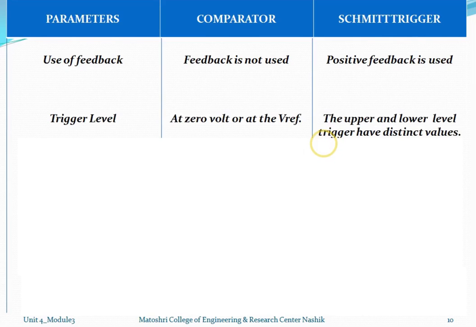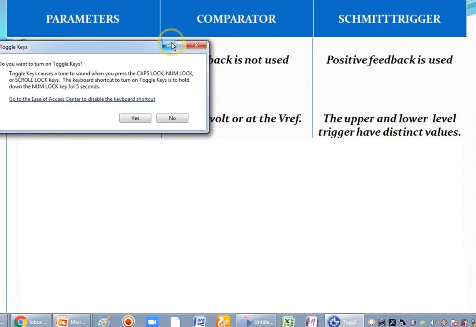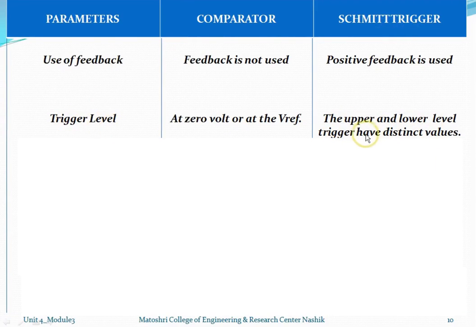For triggering levels in a comparator, V reference is nothing but zero voltage, meaning the input is continuously compared with zero voltage, or with a particular reference voltage, positive or negative. Whereas in the case of the Schmitt trigger, the upper threshold level and lower threshold level are the triggering voltage levels, having distinct values.